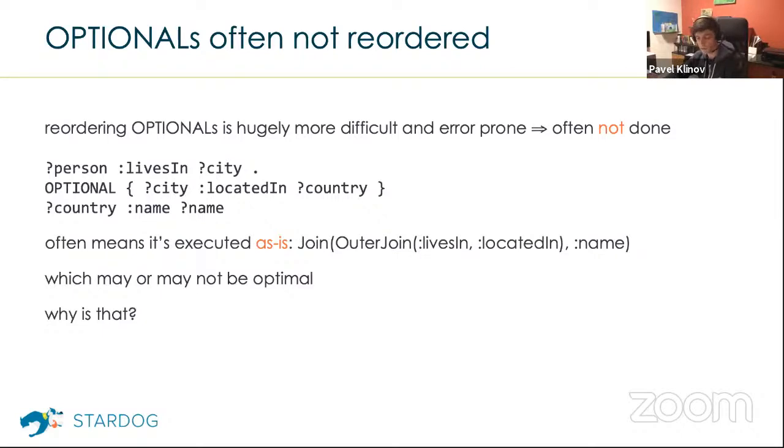Which in the SPARQL case, in simple terms, means that optionals are quite often executed as is, in the position in the query where they are specified by the user, which may not be optimal. I know a lot of people are frustrated by that, and I will try to explain why that happens.